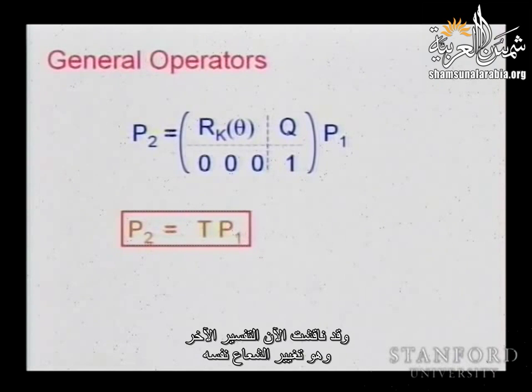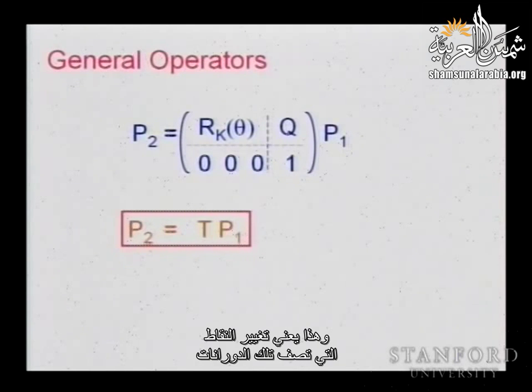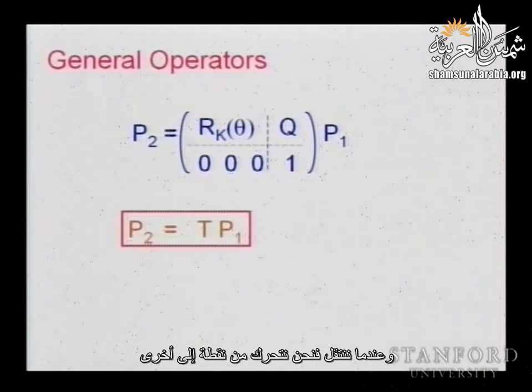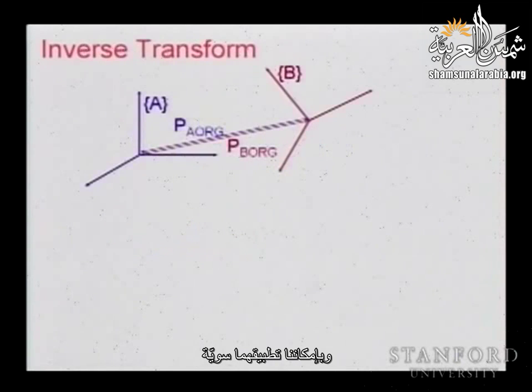And I just discussed the other interpretation, which is to change the vector itself. That means changing the points describing those rotations. So when you rotate a vector, you are going from one point to another point, or when you're translating, you are going from one point to another, and you can apply both of them.